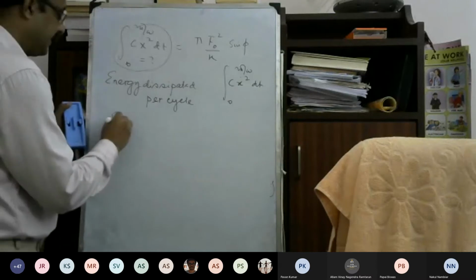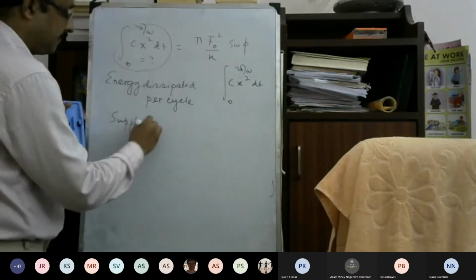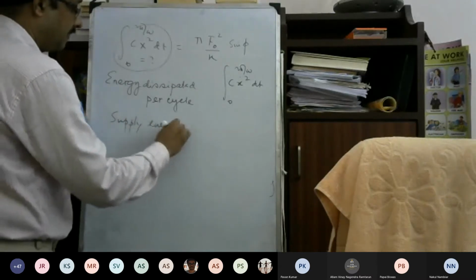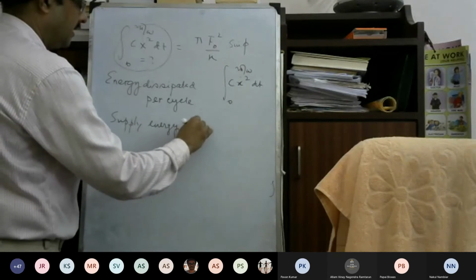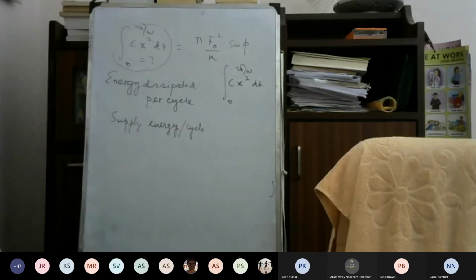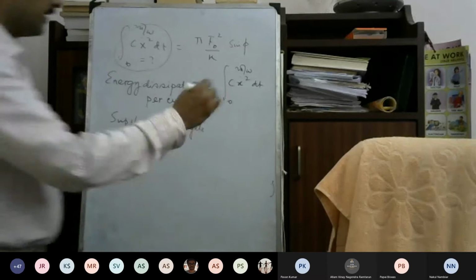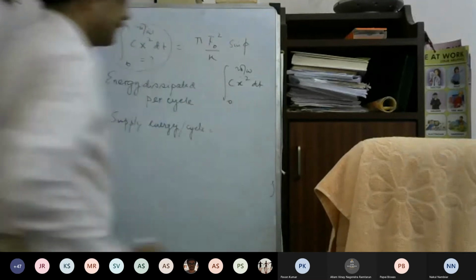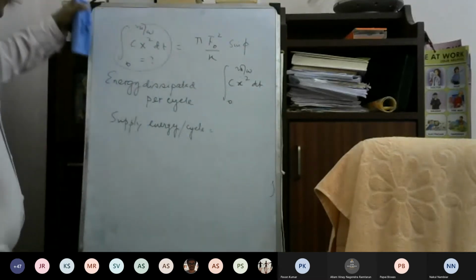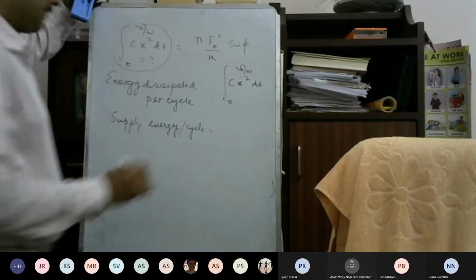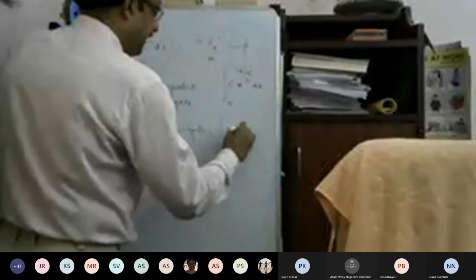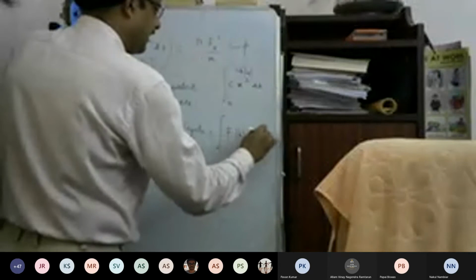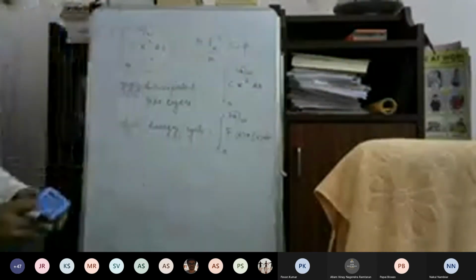Okay, and what is the supply energy per cycle? What will be the supply energy per cycle? The supply energy will be the integral of F(t) x dot(t) dt from 0 to 2 pi by omega.